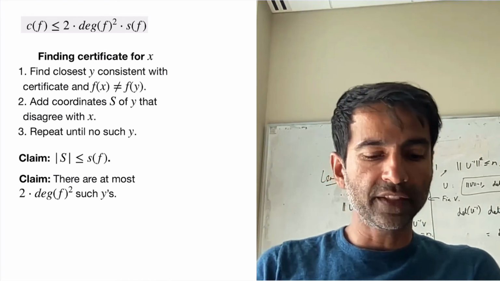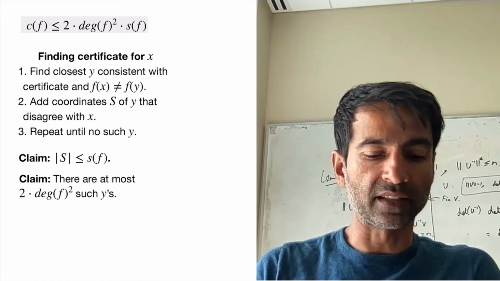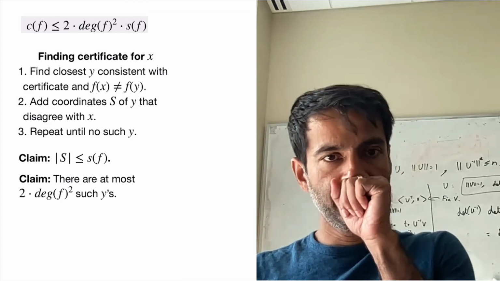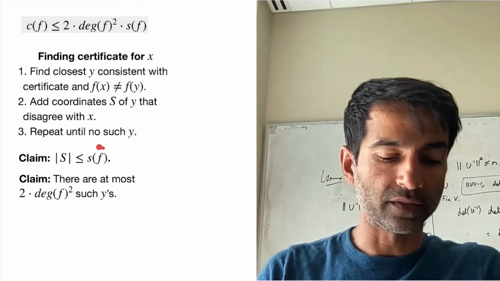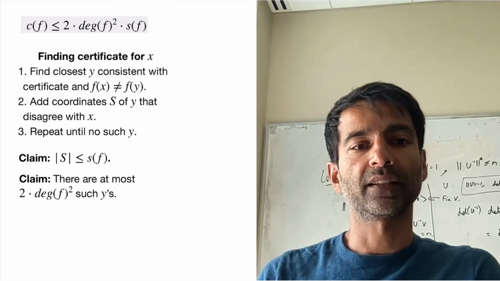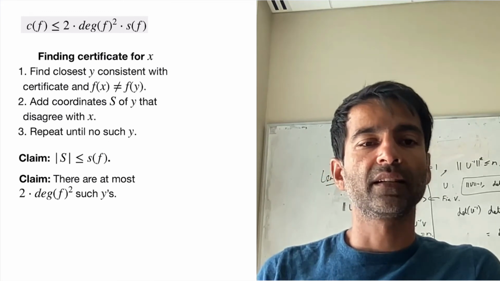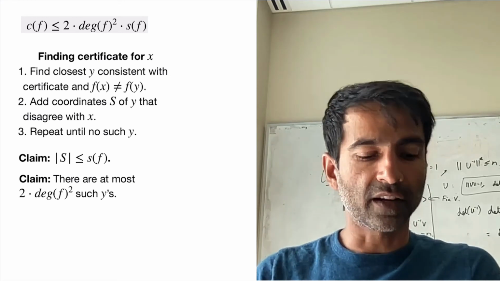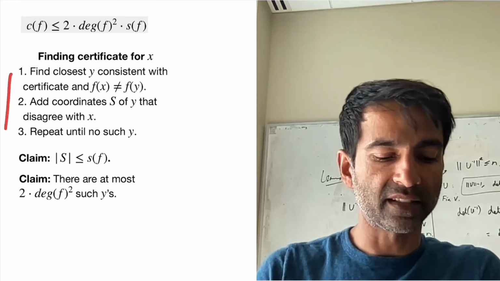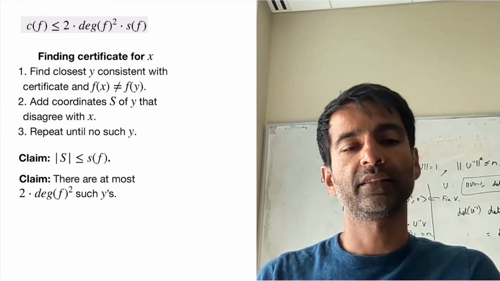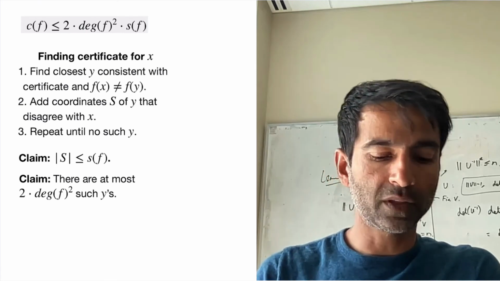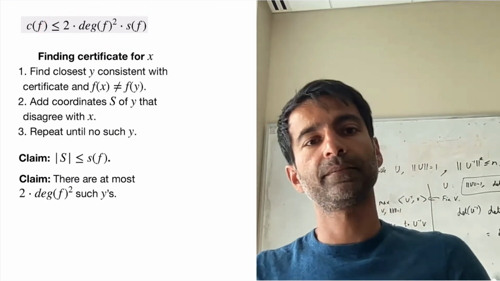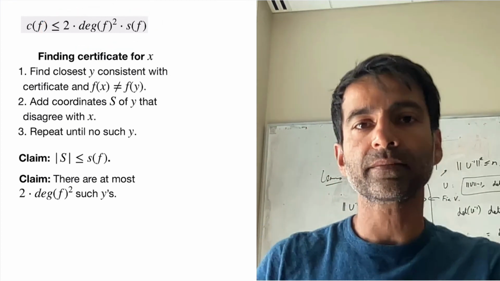First, we'll show that every time you find a y in this process, the number of coordinates that we add here in the second step is bounded by the sensitivity of f. I'll show that. And then in a second claim that we'll make and prove is that the number of times we repeat this process is bounded by 2 times the square of the degree. And these two claims together imply that the size of the certificate is bounded by this number.